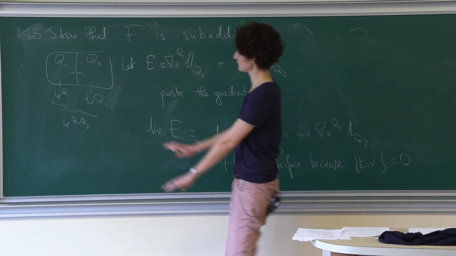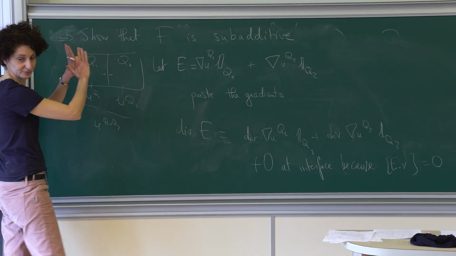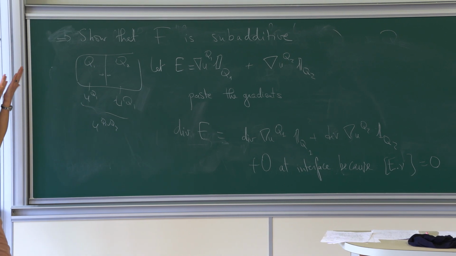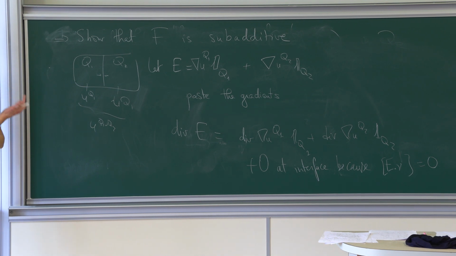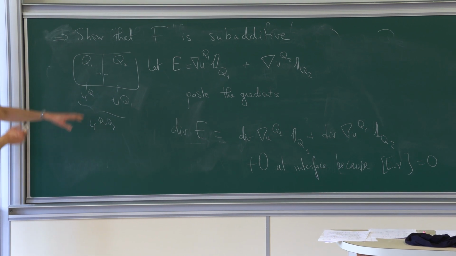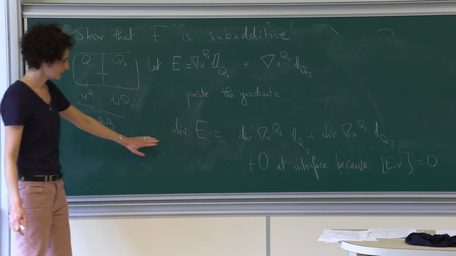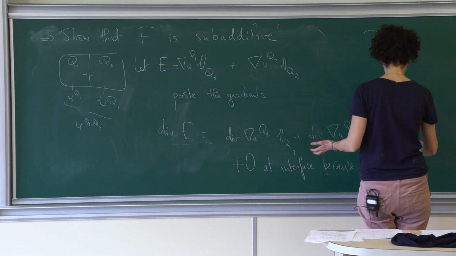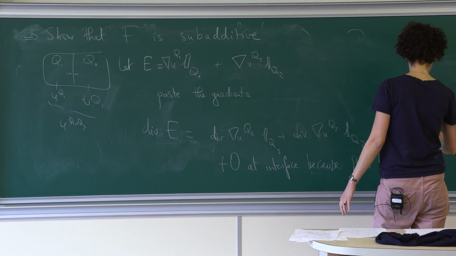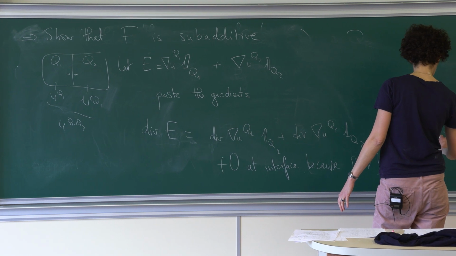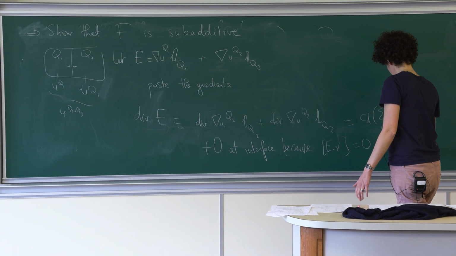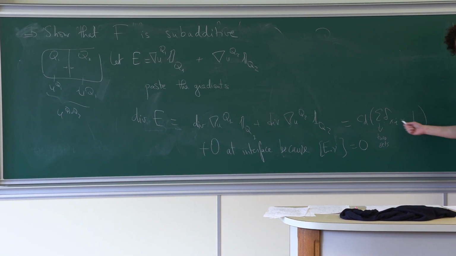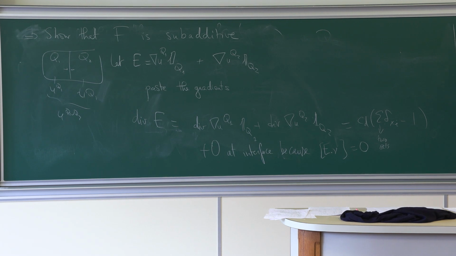So it doesn't even matter that they are both 0, it matters that they are both the same. So you now create a vector field where there is no jump of the normal derivative. So no contribution for the divergence. So your divergence is actually what you want. So it's the sum. And here you have the two sets. You have the points that are in Q1, the points that are in Q2.